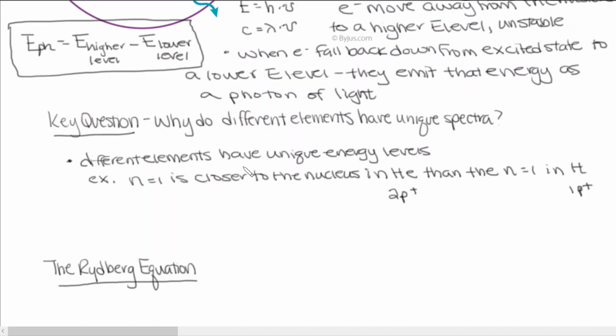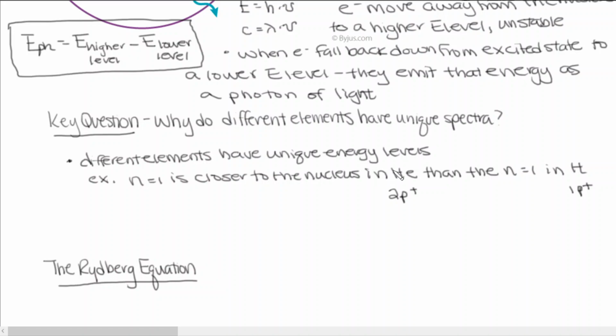So because these different elements have unique energy levels, and again, it's not just the n equals 1, the distances from n equals 1 to n equals 2 and n equals 2 to n equals 3 are different for every element.